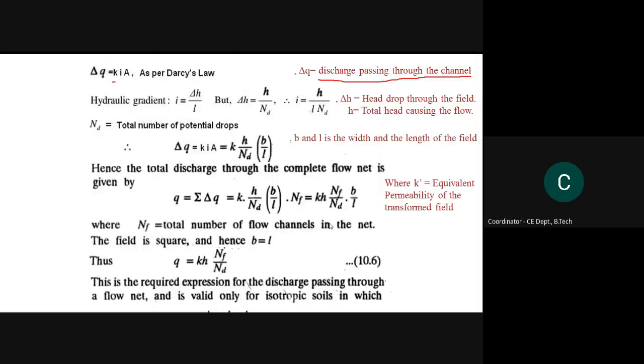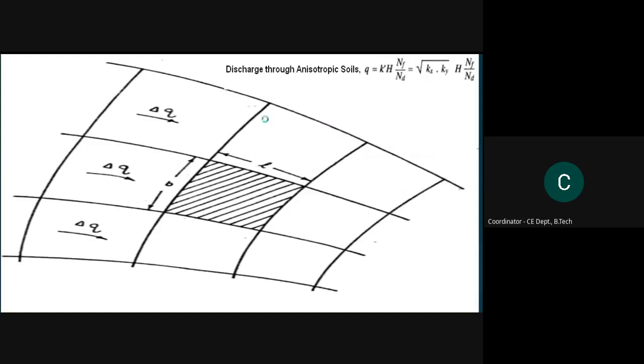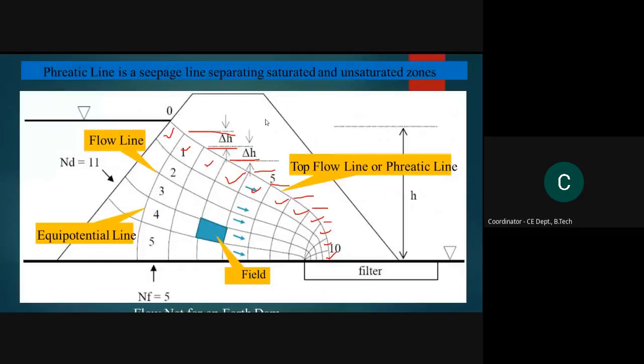So we can write del h as h by nd. The number of channels, represented as nd, is 11 here. So we can write del h as h divided by nd.